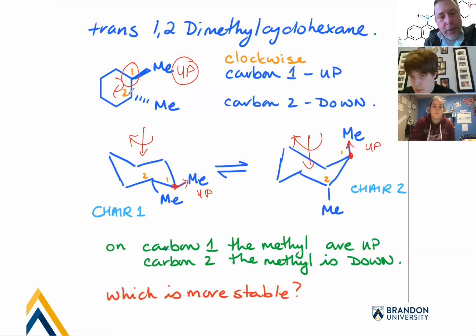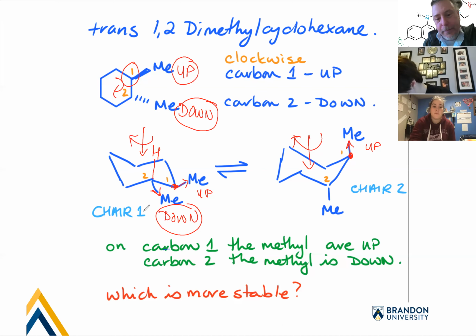On carbon 2, this is a dashed line, so this means that this is down. So on carbon 2 here, this is a peak, and the group which is pointing up is a proton. So the group which is pointing down has to be the methyl group, and it's equatorial.